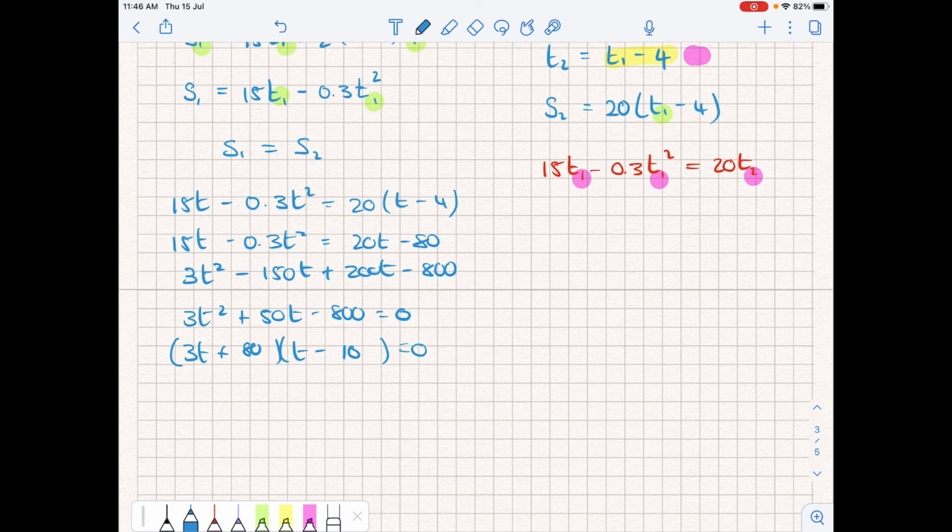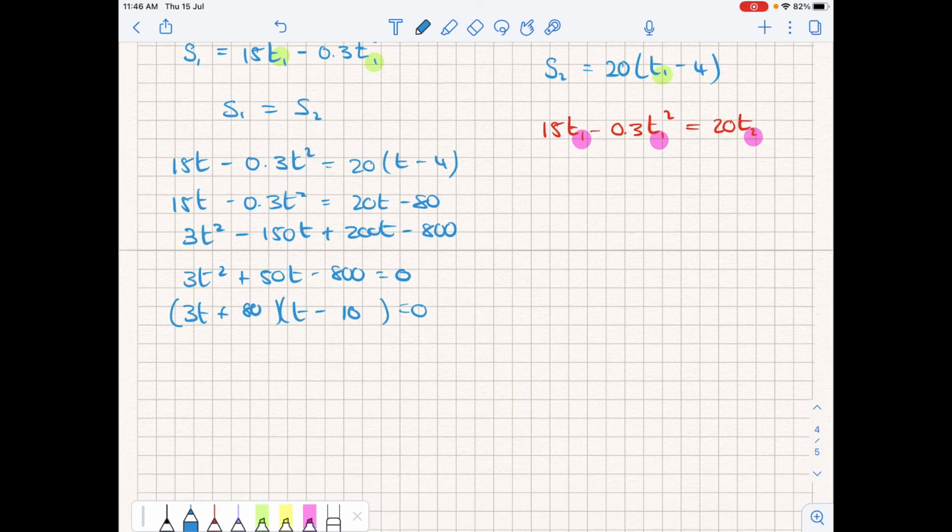So minus 80 plus 30 gives me 50, and 80 times minus 10 gives me 800. So those are my factors. That's going to give me a time equal to 10 or a time equal to negative 80 over 3. I'm not interested in the negative time.